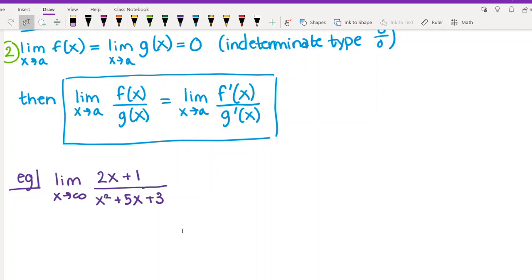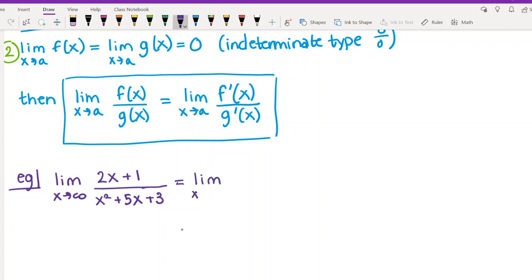So how do you measure how quickly something is growing? You use derivatives. You can think of L'Hopital's rule as a competition between the numerator and denominator: instead of comparing the original numerator and denominator, you compare their rates of change. That's the intuition behind L'Hopital's rule.